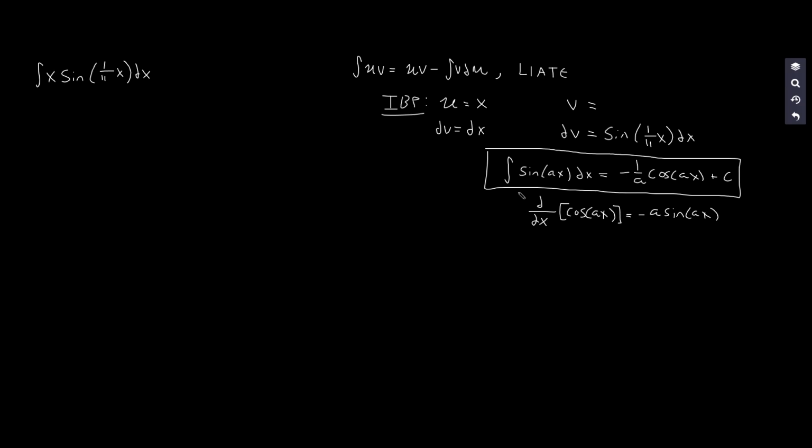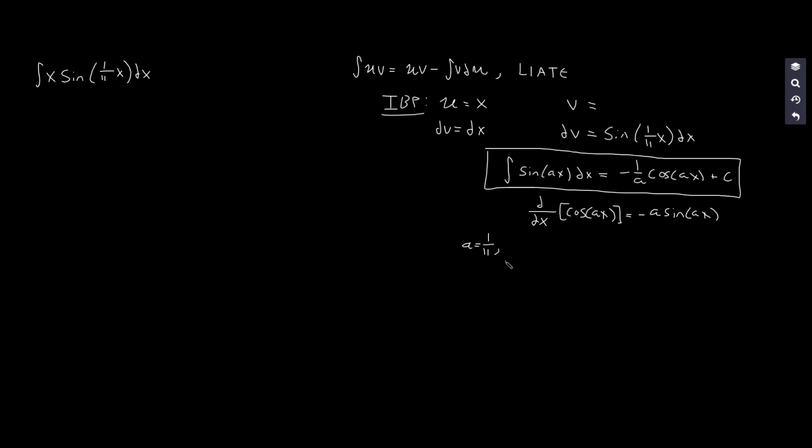So for here, we have our a is 1 over 11. If we were to really break this down and think about it, instead of just plugging in numbers, which is fine too, but to understand why I think is important, a equals 1 over 11.